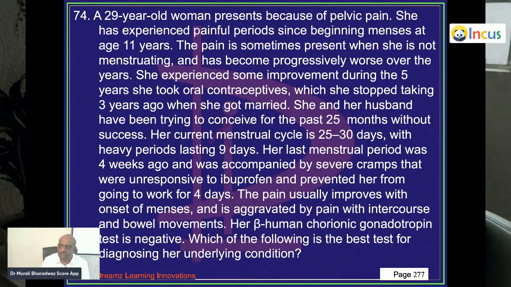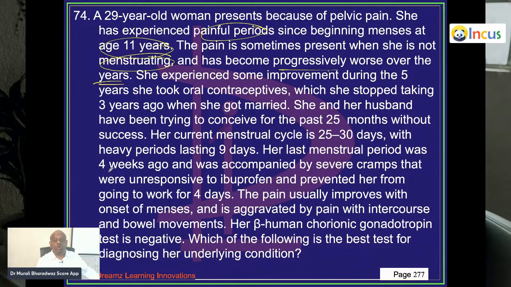A 29-year-old woman presents with pelvic pain, and she has experienced painful periods right from the beginning of her menses when she was 11 years old. The pain is sometimes present when she is not menstruating and is becoming progressively worse over the years.